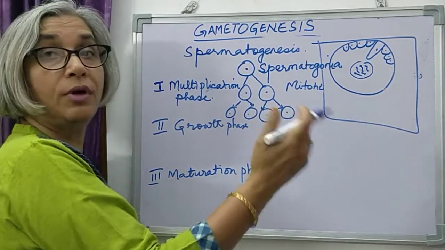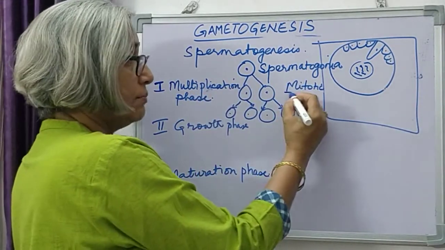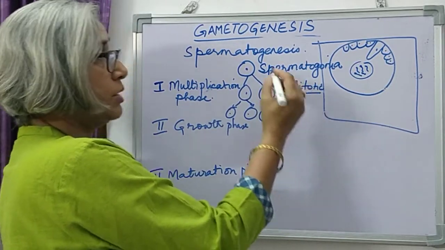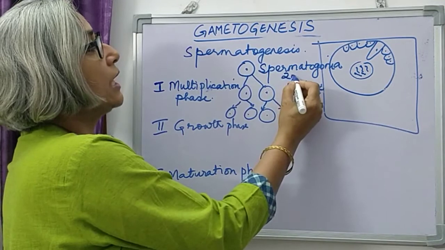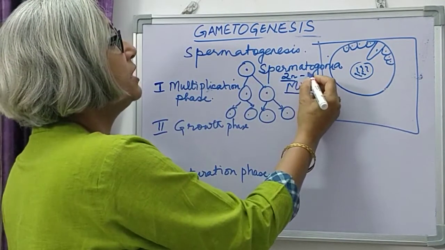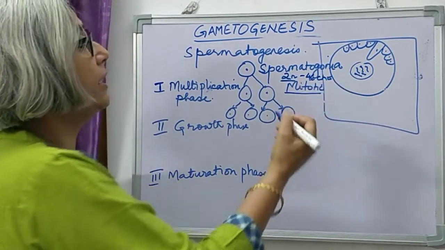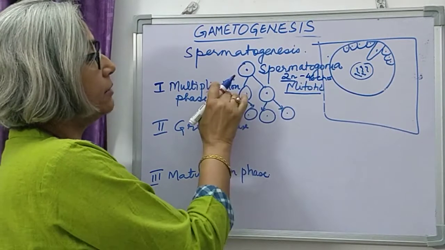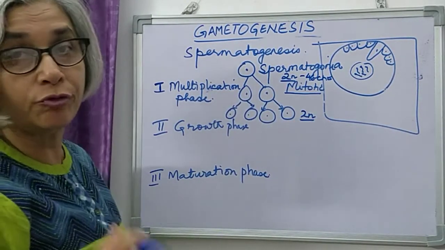So that's how the number goes on increasing, and that is why we call it multiplication phase. But mitotic means the chromosome number remains same. Spermatogonia is a diploid cell having 2n number of chromosomes, which means it has 46 chromosomes. And when it is dividing mitotically, all these in the multiplication phase will also have 2n number of chromosomes.